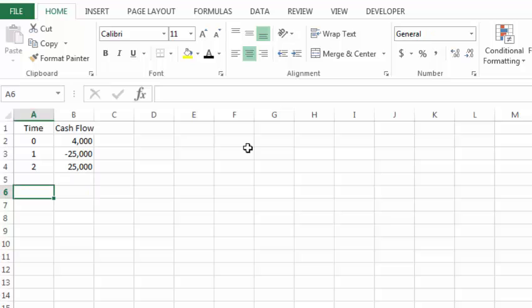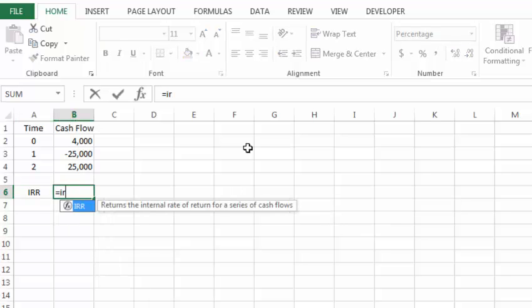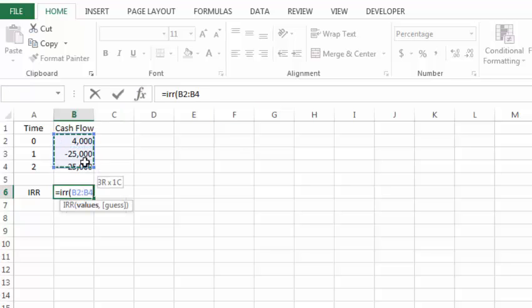I'm going to go down here and say, therefore, what is IRR? And I'm going to say equal IRR, open parenthesis, highlight my cash flows. Now before I hit enter this time, I'm going to point out that the argument actually has a comma and a square bracket that says guess.